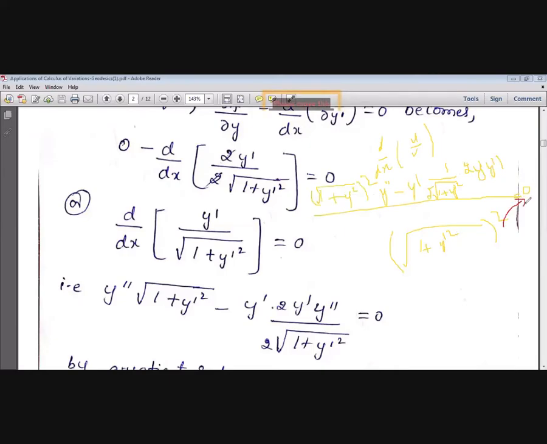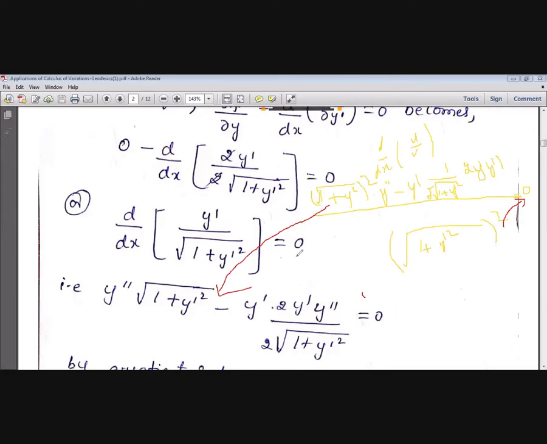Multiply this side, that will become 0. This much is left, that one is written here. This step they have skipped. Okay, this step they have skipped, so they have written here.